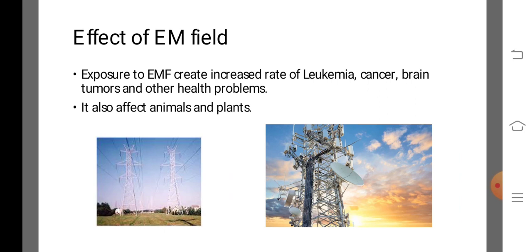First we have to see the effect of electromagnetic field. Here the picture shows the electromagnetic field of towers. Towers exposed to EMF create an increased rate of cancer, brain tumors and other health problems.